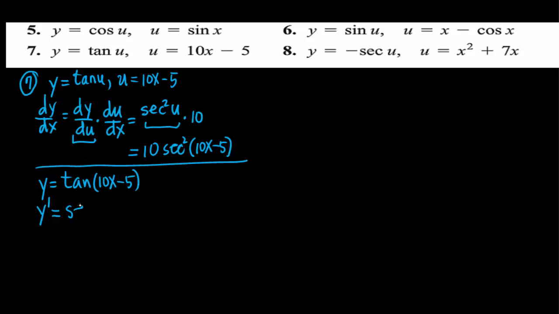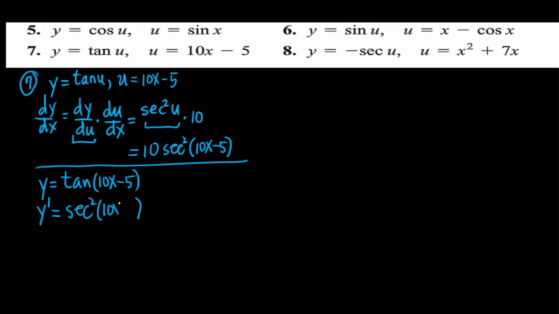Now let's apply the direct method where you use the composition at the beginning. So it's the tangent of 10x minus 5. So what is the derivative? What is y prime with respect to x? Well, you look at the big picture. The outside function is the tangent. So what's the derivative of tangent? Secant squared of its argument.